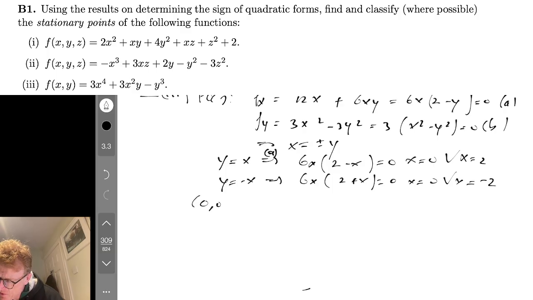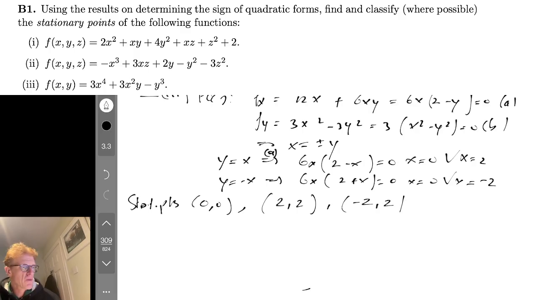So we have 0, 0, 2, 2, and minus 2, 2. Oh, I'm doing something wrong.